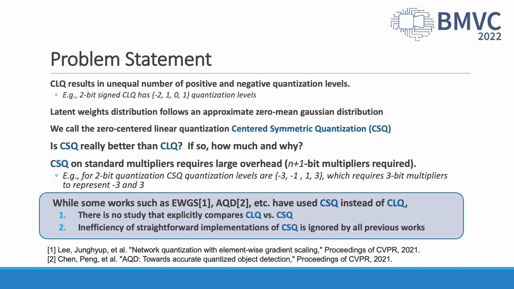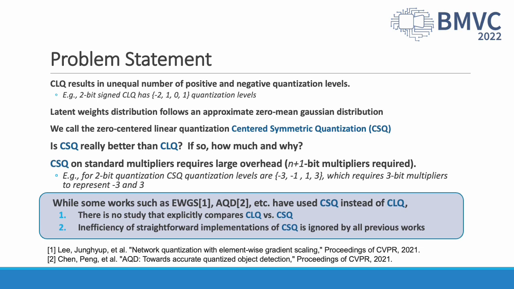Now consider a quantizer which has perfectly zero-centered quantization levels. In our work, we call such a quantizer centered symmetric quantization. So from now on, I'll abbreviate centered symmetric quantization as CSQ. So the question is, is CSQ really better than CLQ? And if so, then how much and why?